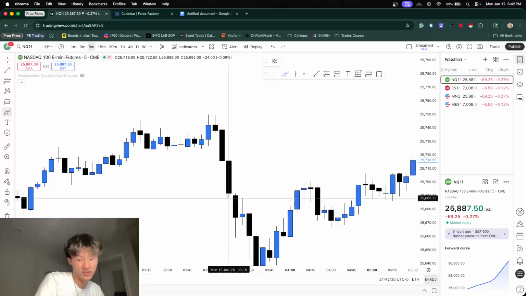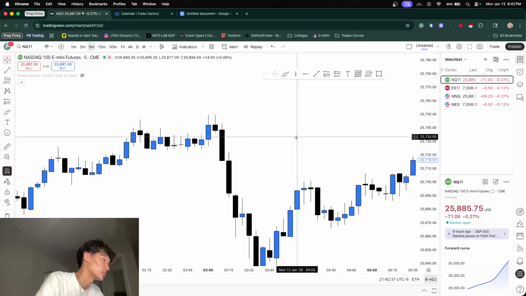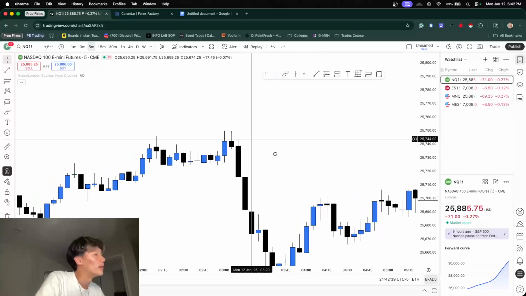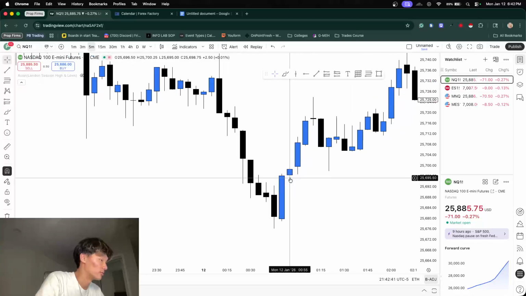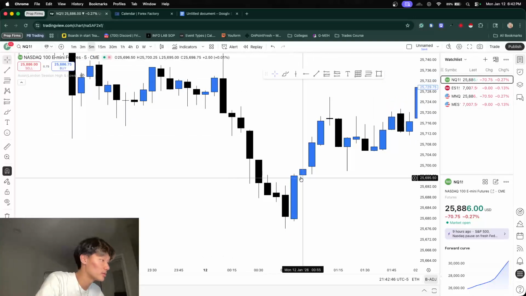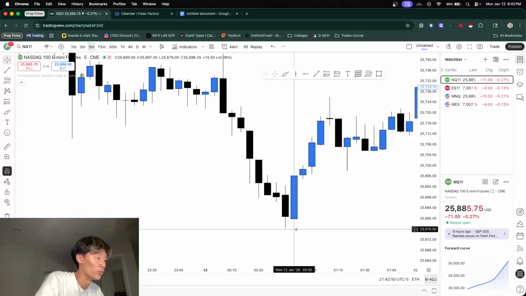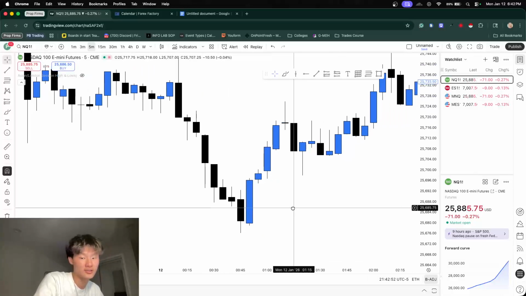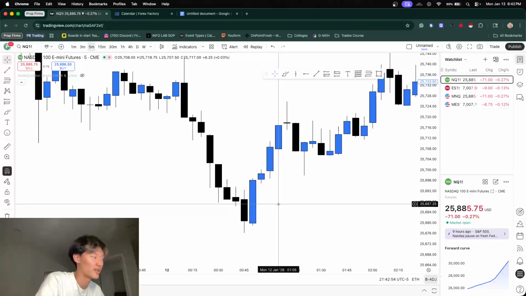The wick is just movement in the market. For a bullish candle right here, we have opening price, closing price, and the wick, just movement in price at this candle.